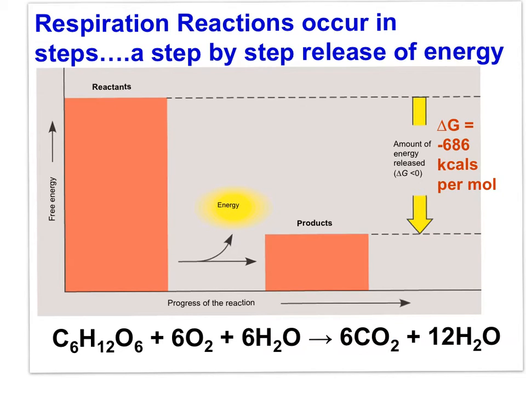The progress of the reaction is shown here along the x-axis. Glucose as the reactant has substantial energy. The reaction occurs and the products have less energy. The released energy, the difference between these two, is used to drive ATP synthesis.